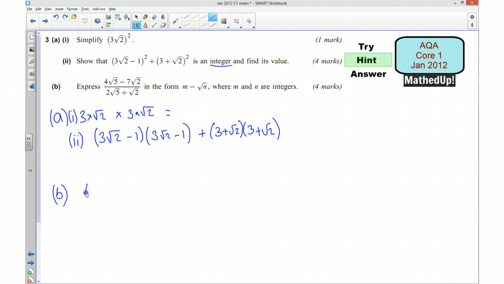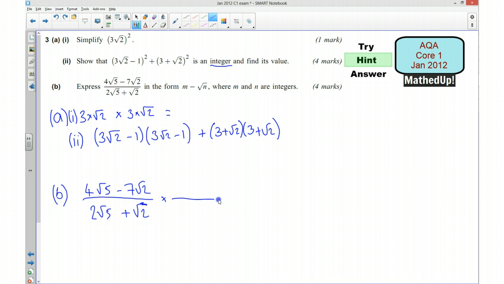Now the way that we do this is if we start by writing the fraction, we want to multiply the numerator and the denominator of this fraction by the same thing, but something that's going to change this into a rational number.